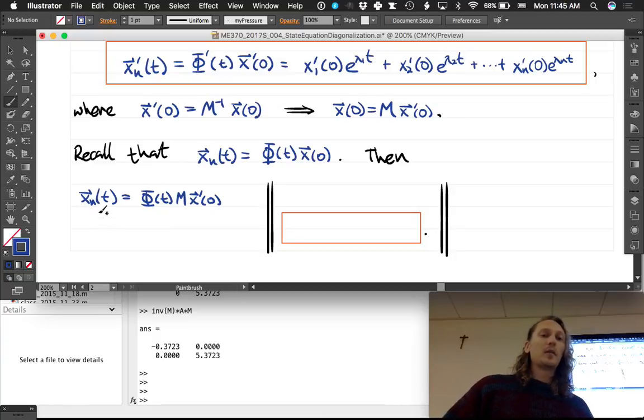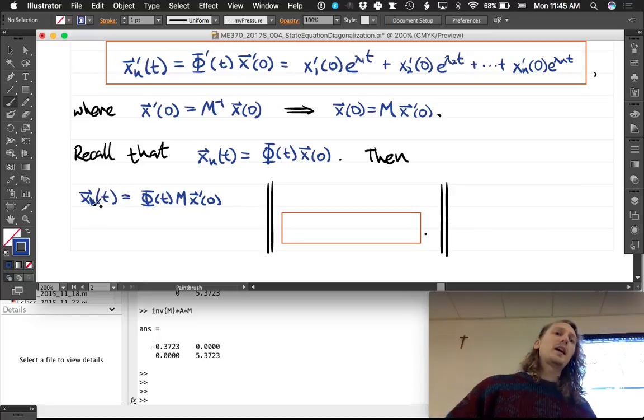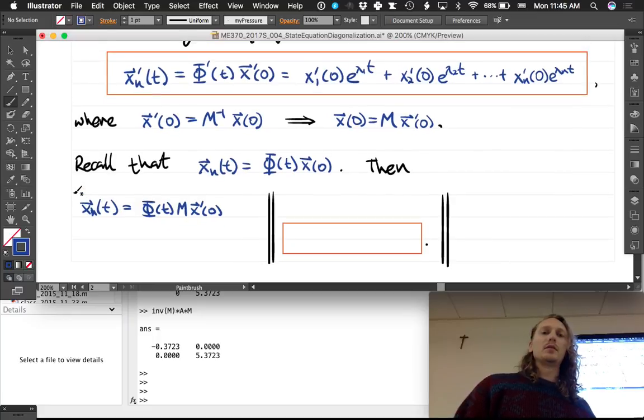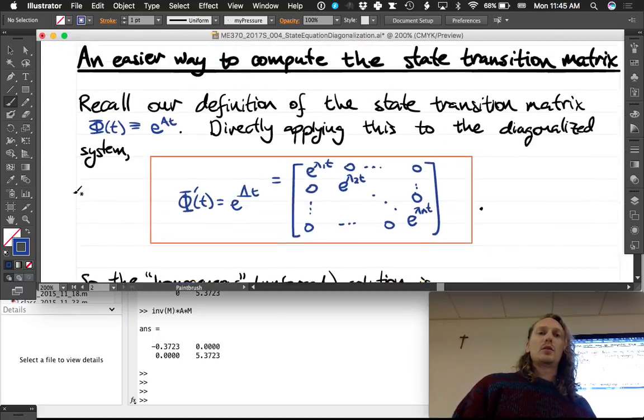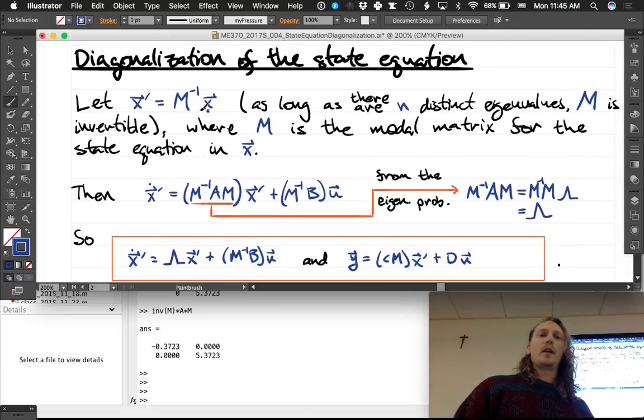Now I'm going to transform this x homogeneous into primed coordinates. So that's easy enough to do. We go back way up here. We have this relationship, right?